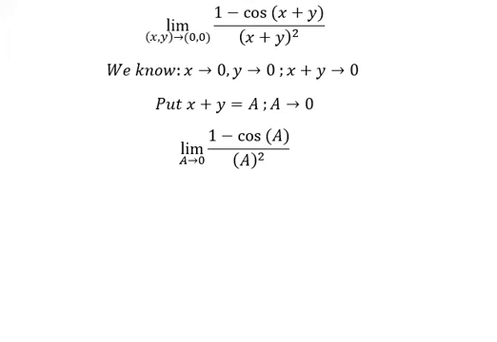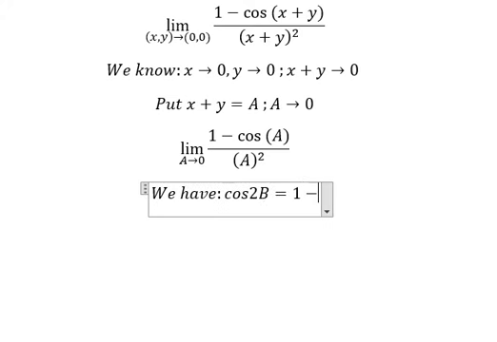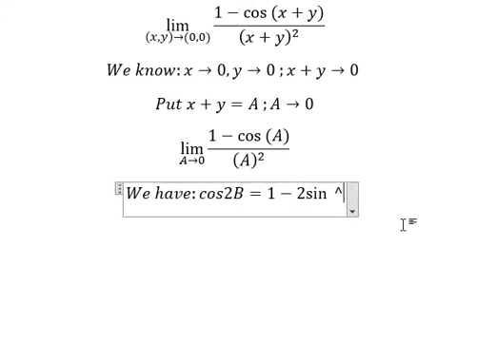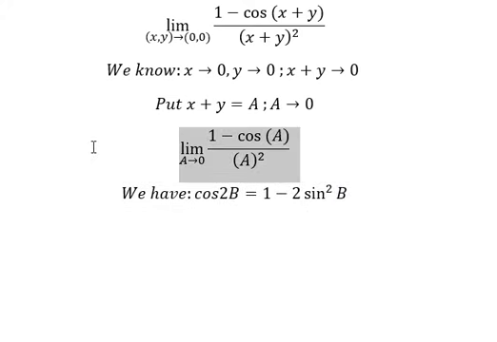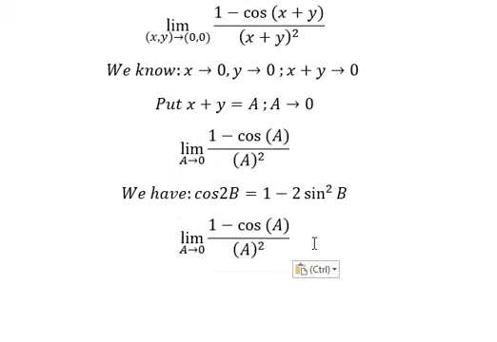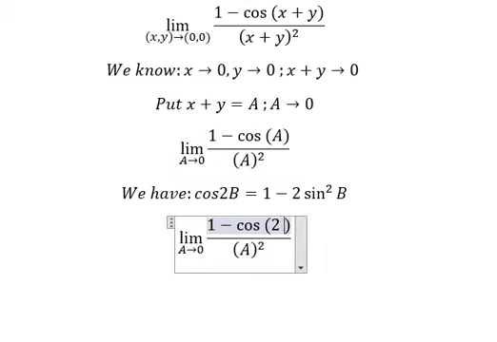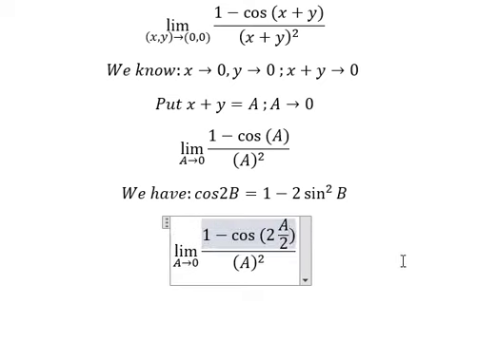Next, we have the formula in here. Cosine 2b equals 1 minus 2 sine b squared. So capital A is number 2 multiplied by A over 2.